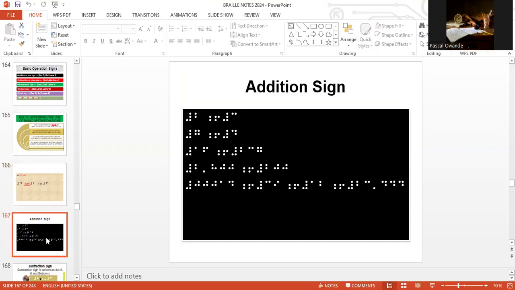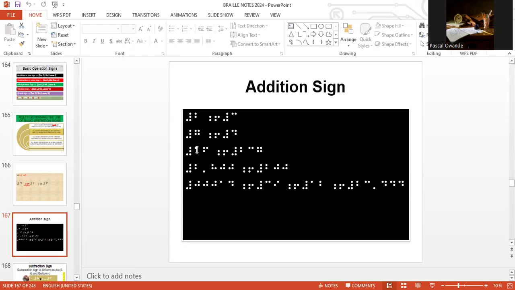We have the addition sign. As you're able to see here, the first one, we have 2 plus 3. And after that, you can see here, we have the second one. We have now 7 plus 4.